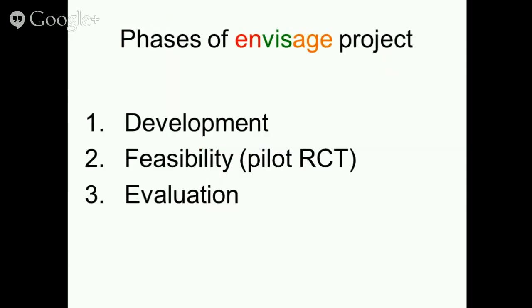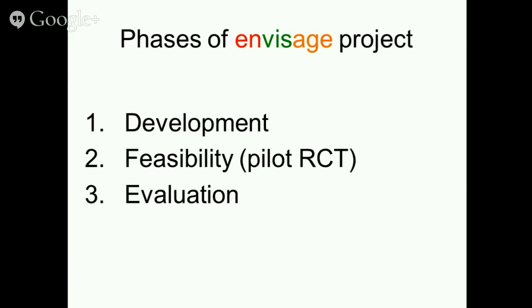Each work package did a development phase where we developed the visualization package with users, including both patients and clinicians. We then undertook a feasibility RCT, a pilot RCT, to see if the intervention that we'd planned was both feasible and whether it had the potential to have an effect.